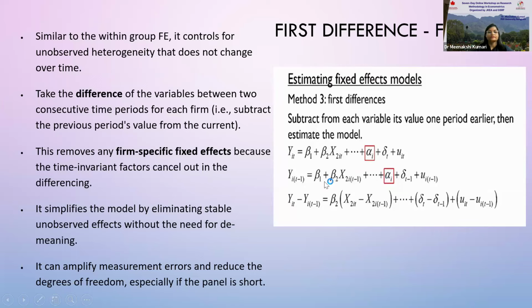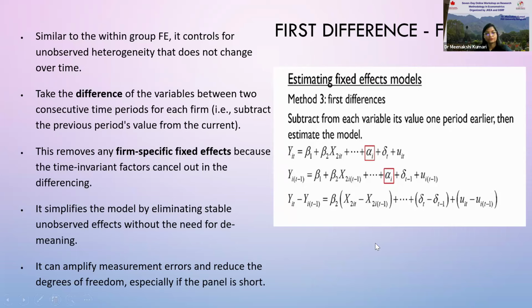Then again we subtract, and that we call the first difference, right? In that process also, this alpha i will get cancelled, meaning alpha i minus alpha i will be 0, because alpha i is time invariant and not a past value. This is the third model of FE.